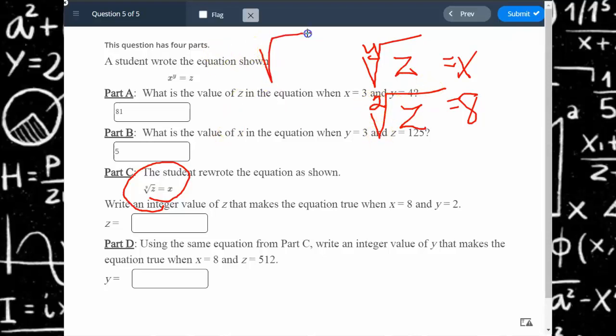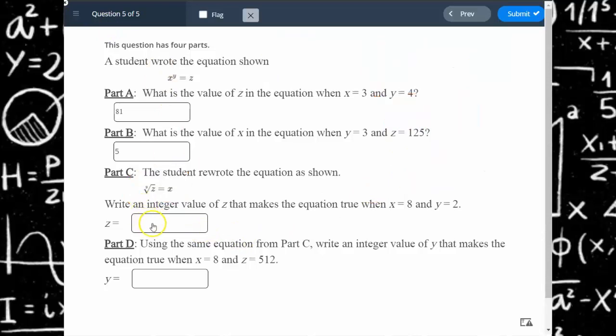So when you see a square root, there's an invisible 2 there. We want to know the square root of what value is equal to 8. So that means z is equal to 8 squared. 8 times 8 is 64. So z must be 64.